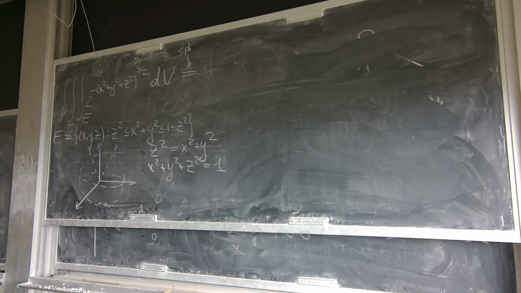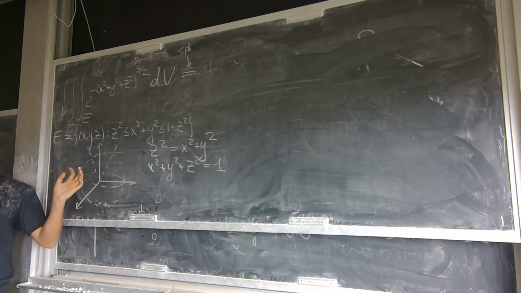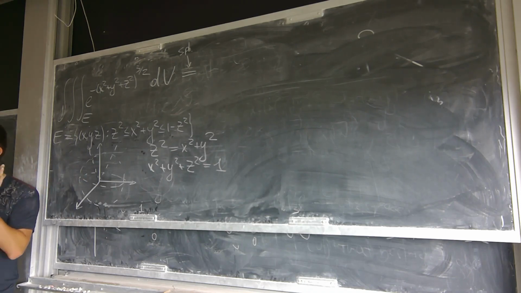Okay, but here let's be careful. We don't have any bounds for z. Can z be negative? Yes. Why can z be negative? Because it's squared. Usually I gave you problems with the cone in the upper half.